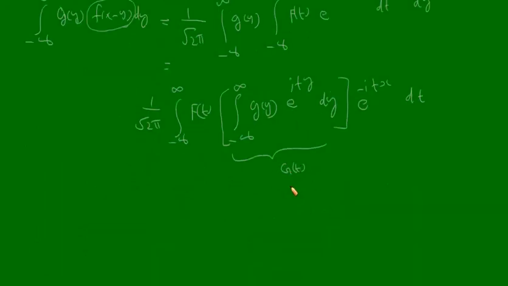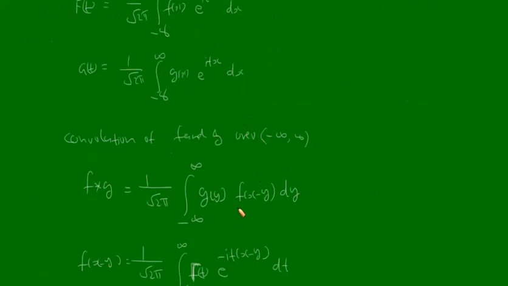So this can be taken to be G of t. So this integral will be equal to integral from minus infinity to infinity F of t into G of t e raised to minus itx dt. So we started from the integral of g of y into f of x minus y dy, which is the term in our convolution integral.